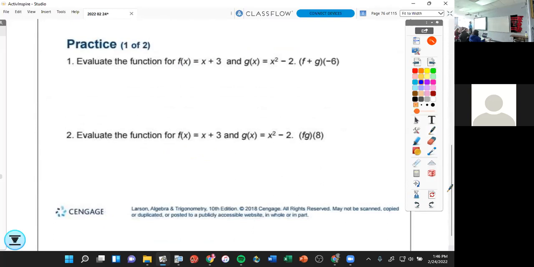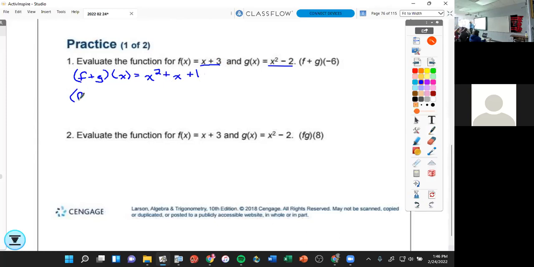So number 1, evaluate f plus g of x at -6. So f plus g of x, highest exponent. So I'm adding these two together, right? x squared plus x plus 1.